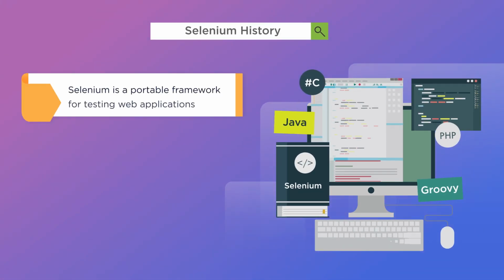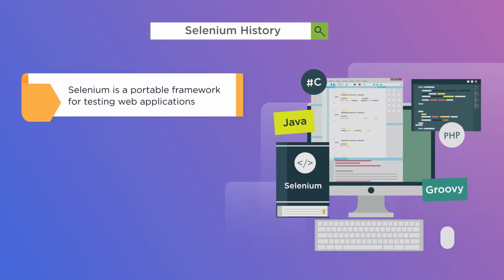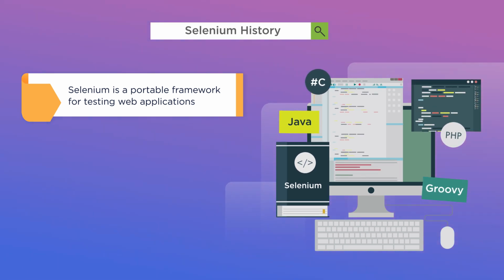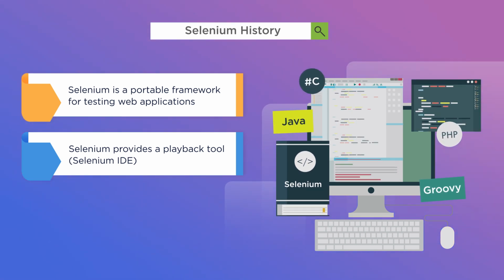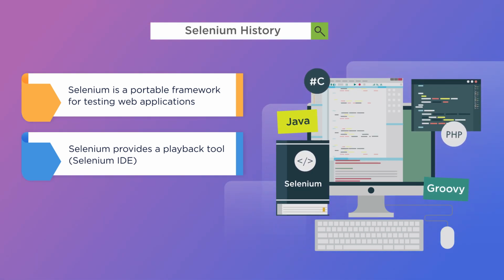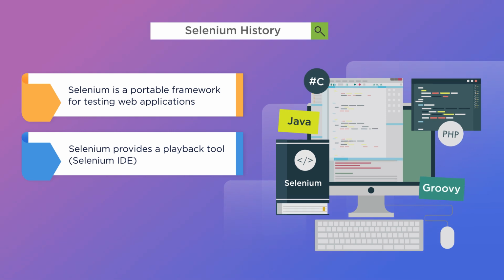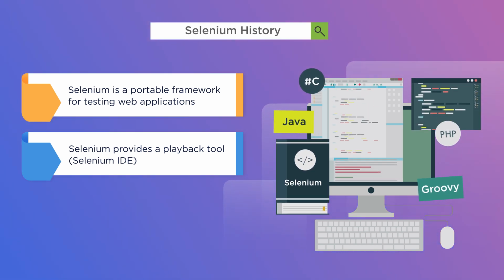Selenium is a portable framework for testing web applications and interaction with a web application via a browser. Selenium provides a playback tool for authoring functional tests without the need to learn a test scripting language. This tool is called Selenium IDE.